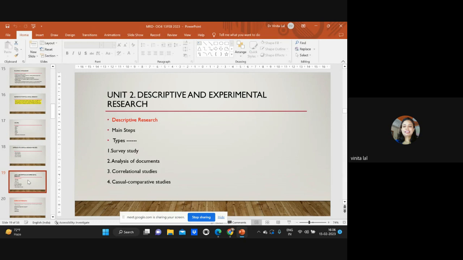So I have one question in my mind: the difference between descriptive and correlational research. Before going to this difference, we need to have a proper understanding of what correlational research is. Correlational research is a type of descriptive research, and it is used to measure the relation between two variables with the researcher having no control over them.